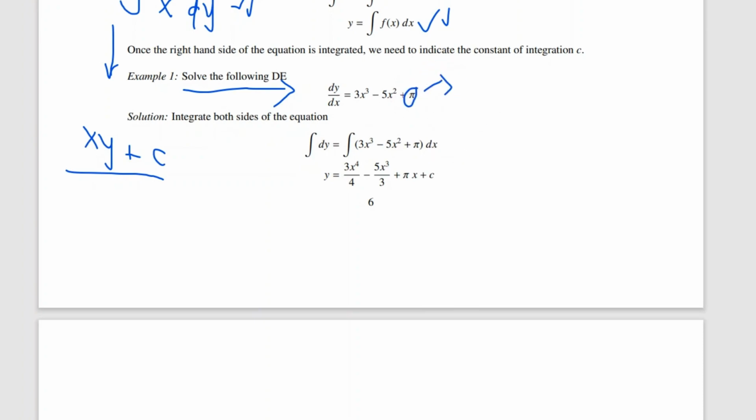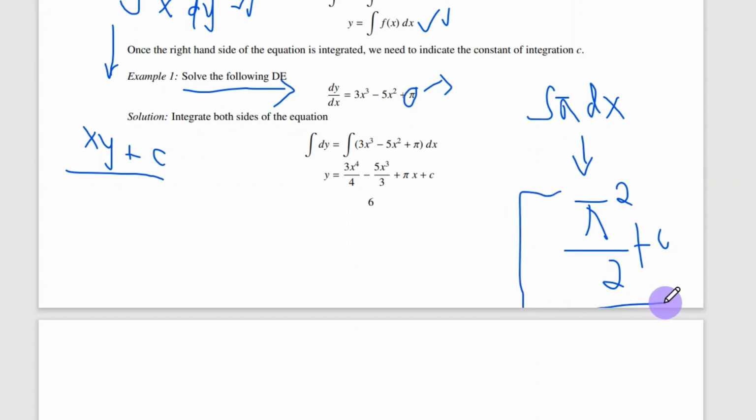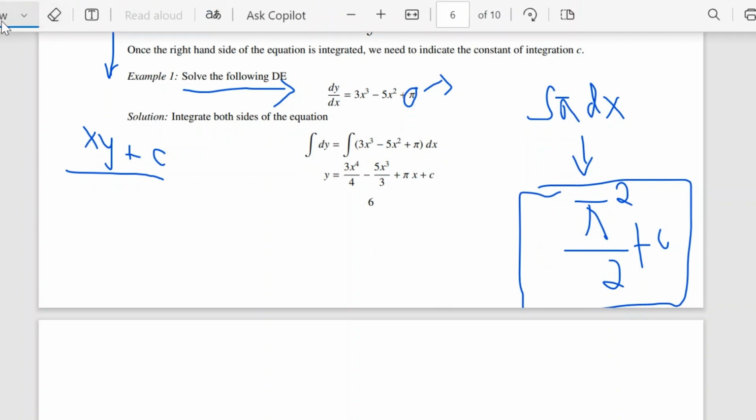I remember when I was in grade 12, someone got this kind of equation, and that particular person decided to write it incorrectly and submit it, which is very wrong, because pi is a constant. Pi is 3.14. So it's a constant.